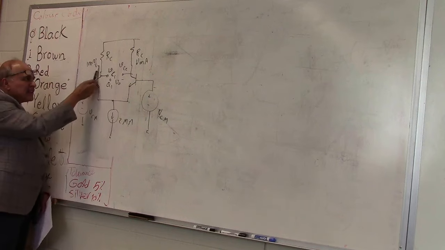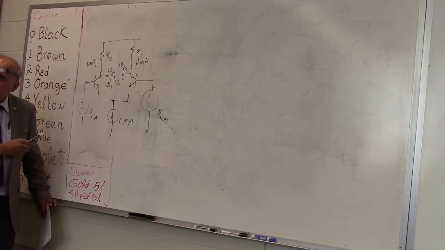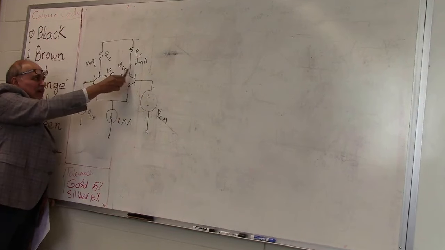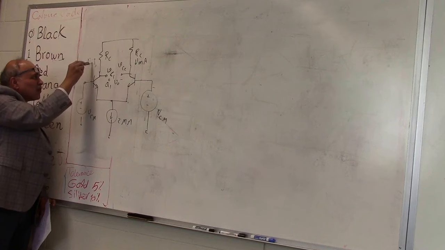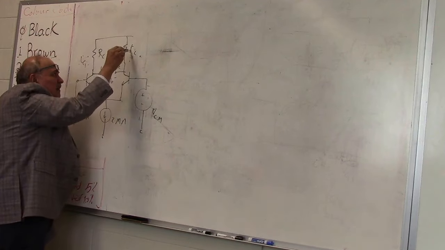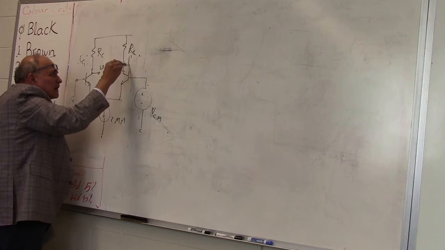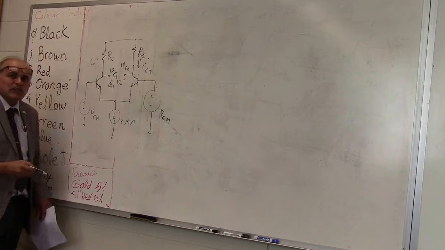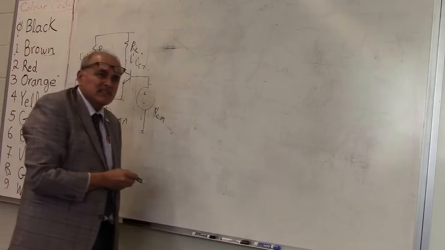Okay? Now obviously the currents will change in both the circuits. But will the current here be equal to the current here? Will, for example, IC1 be equal to IC2 if I apply equal voltages VCM to both the bases?